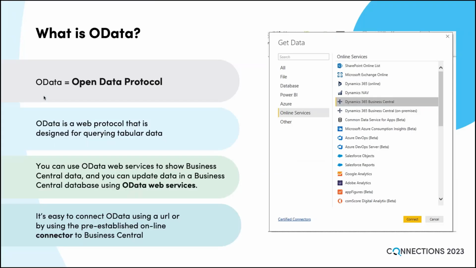What is OData? So we could make this very scientific or very simple. OData stands for Open Data Protocol. It's a web protocol designed for querying data. You use OData with Business Central to pull data out of a system for reporting, as well as for updating data.